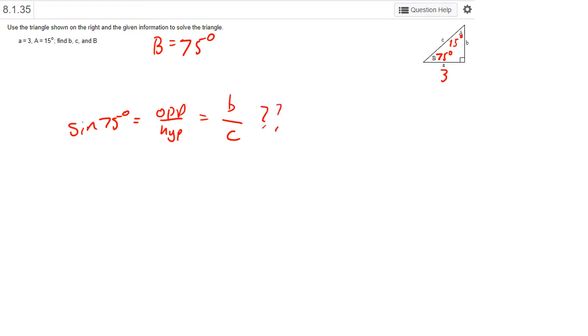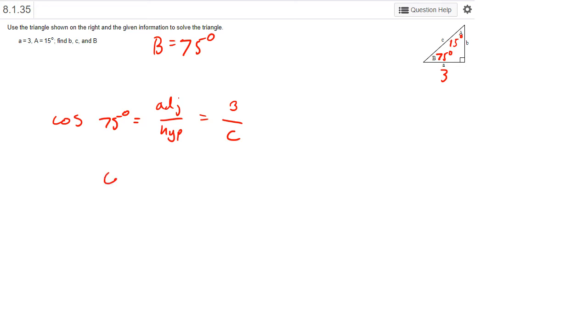Try to set up a trigonometric ratio that only has one unknown in it. And since I don't know either b or c, I don't want to set up a trigonometric ratio that uses both of them. So instead of using the sine of 75 degrees, I could, for example, use the cosine of 75 degrees. The cosine of 75 degrees will be the adjacent side over hypotenuse. The side adjacent to 75 degrees was of length 3.